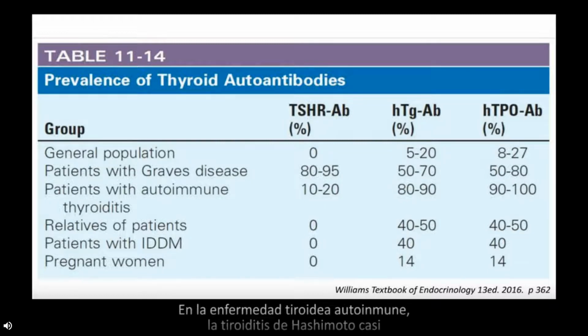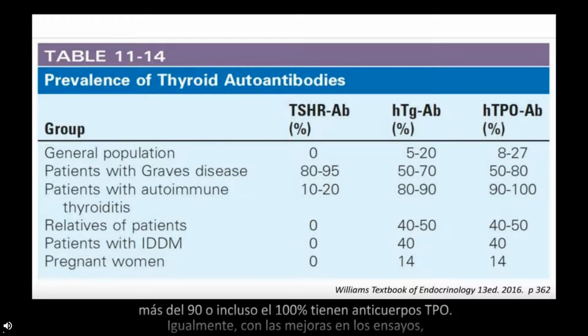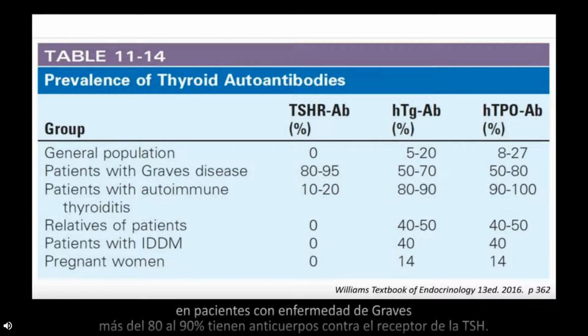In autoimmune thyroid disease, like Hashimoto's thyroiditis, almost over 90 or even 100% have TPO antibodies. Equally, with improvements in assays, patients with Graves' disease, over 80 to 90% have TSH receptor antibodies.